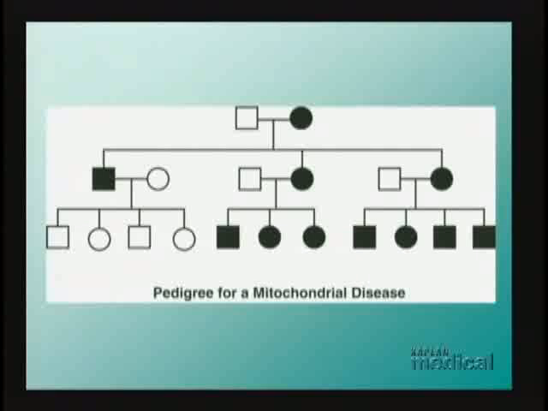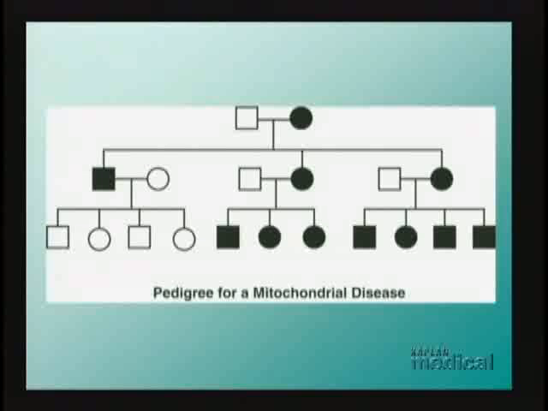And so, in this pattern on your screen, you can see that if we have an affected mother, such as the mother at the very top of the screen, she will give her mutant mitochondria to all of her children, so all of her children will be affected.